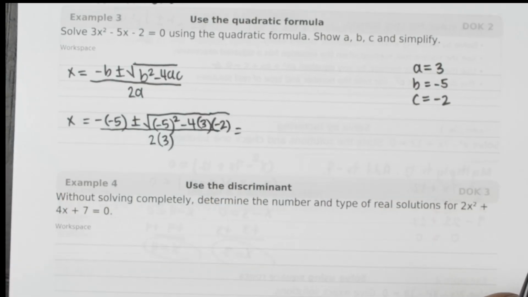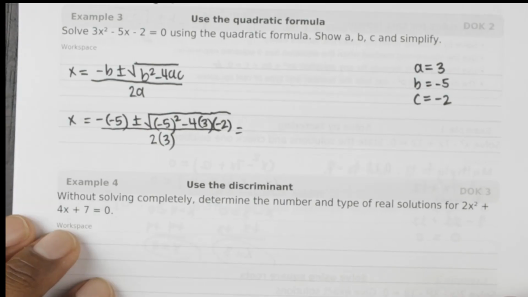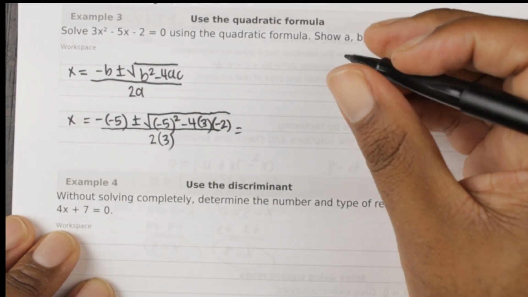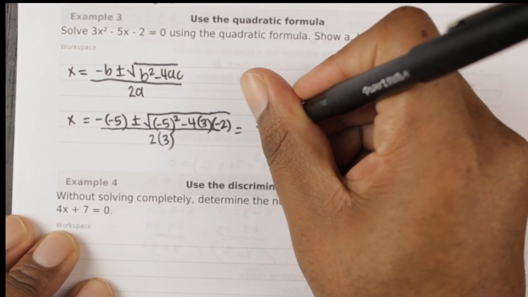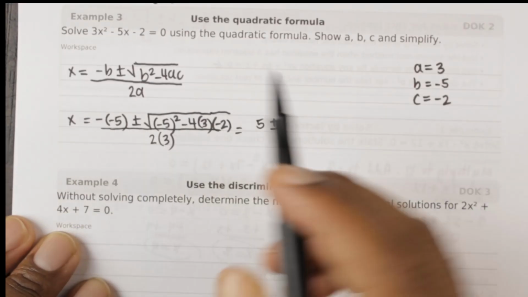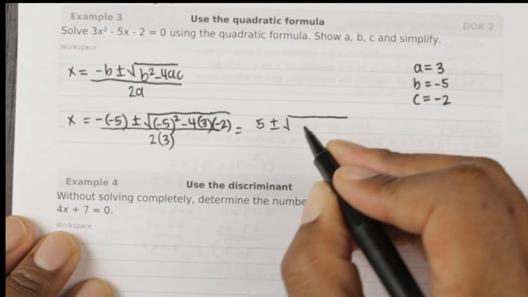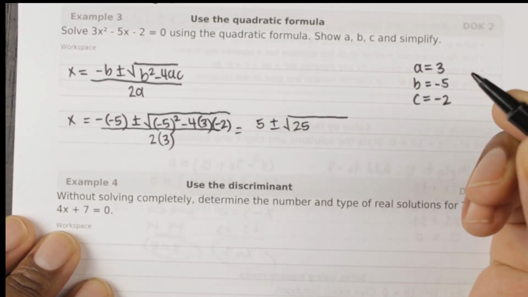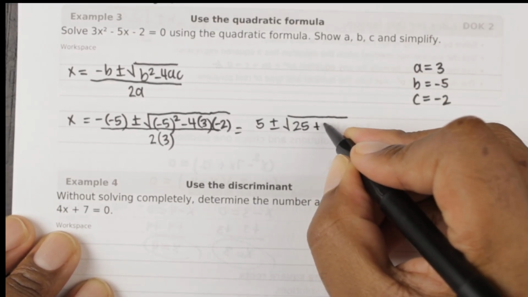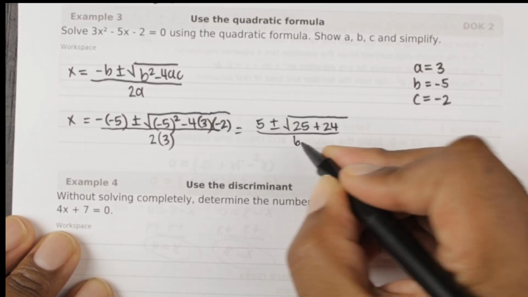Okay. Now we need to simplify. In simplifying, we're going to end up with 5 plus or minus, because these two become positive, excuse me, the square root of -5 squared, which is 25, plus 24, divided by 6.